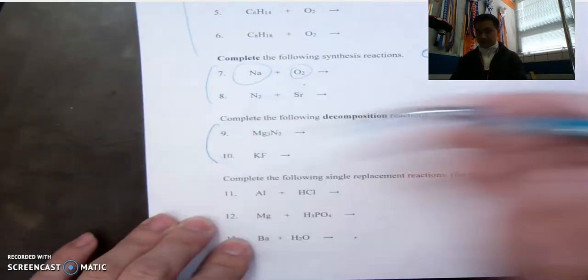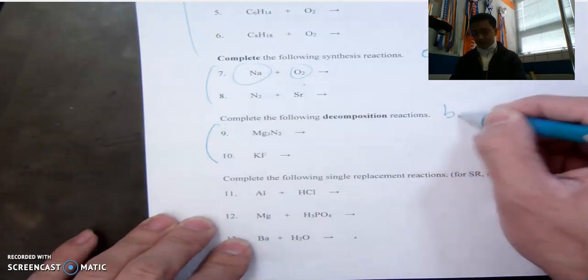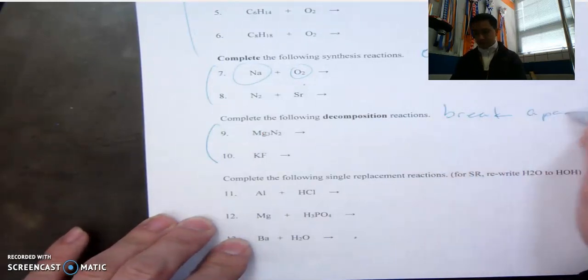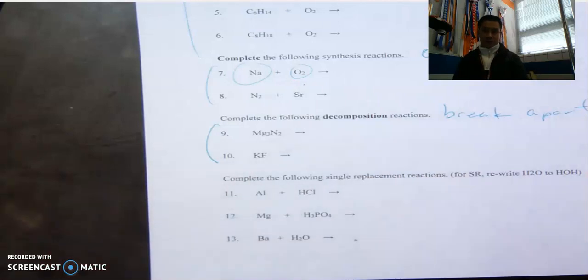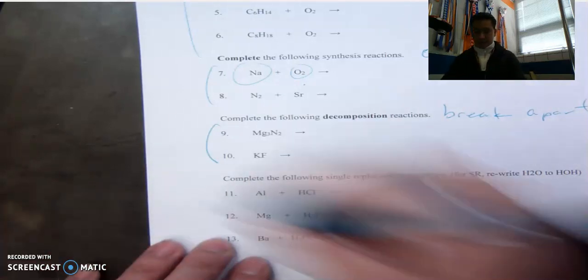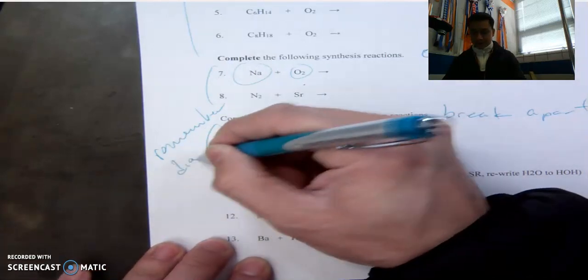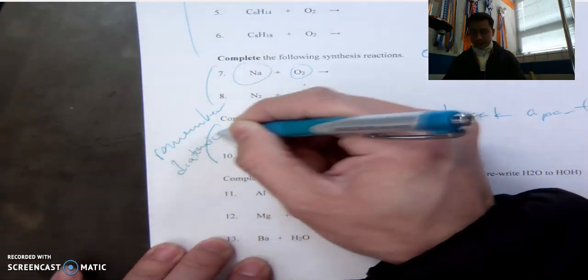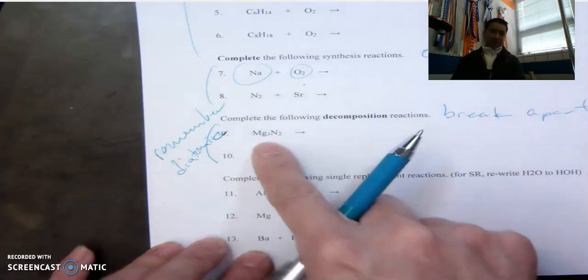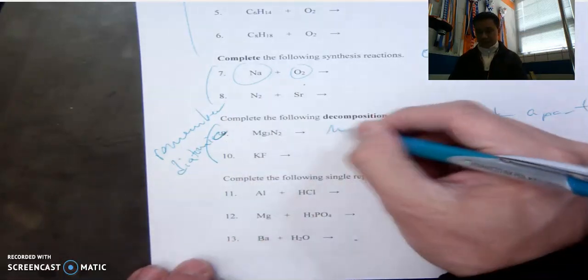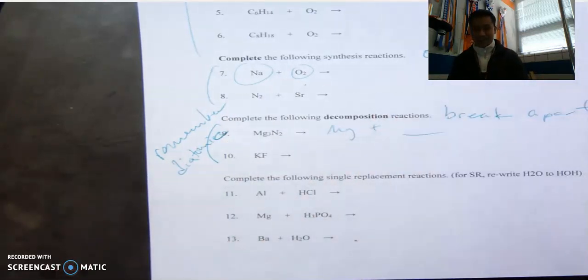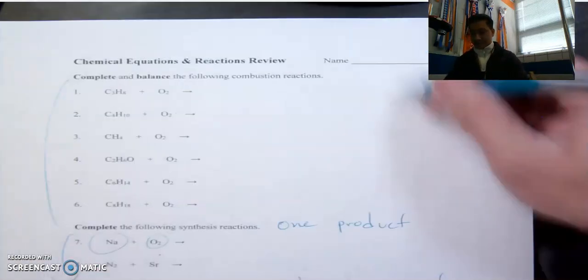Decomposition, break down, break apart to the two separate elements, and remember diatomics. Diatomics is 2, so Mg is not going to be Mg2, it's just Mg, plus however you write your nitrogen. Okay, and then balance them. All these equations you balance them.